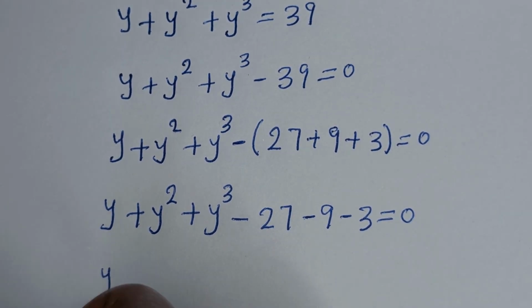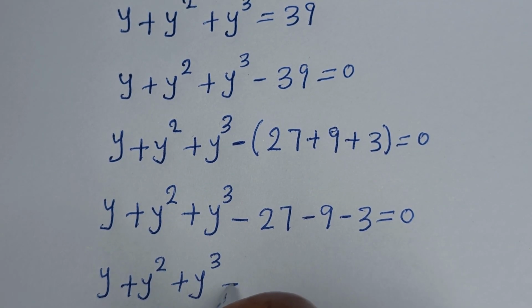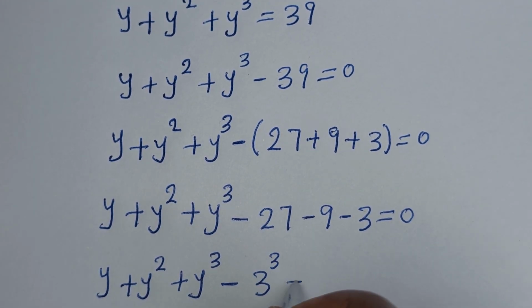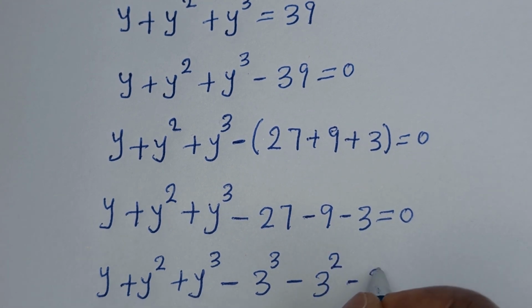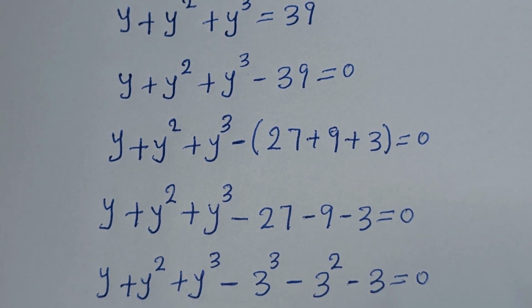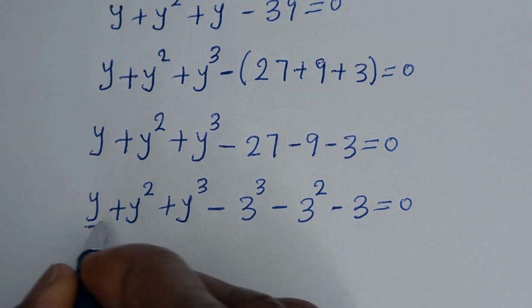Here we have y plus y square plus y raised to power 3 minus 27 can be written as 3 raised to power 3, minus 9 can be written as 3 square, minus 3 is equal to 0. This can be written as, let's pair this and this together.